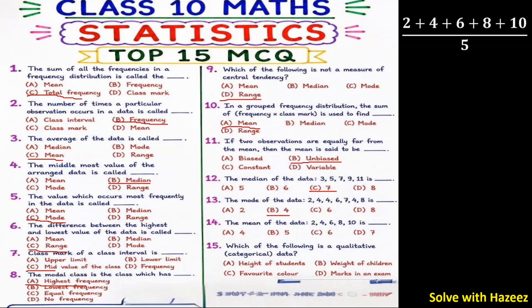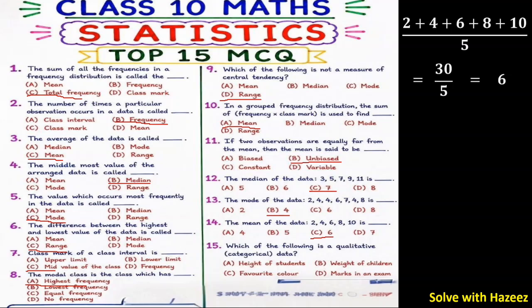So we have 2 plus 4 plus 6 plus 8 plus 10 divided by the total number of the data, which is 5. The addition of all these values is 30, so 30 over 5, and 30 divided by 5 is equal to 6. So the correct option is option C.